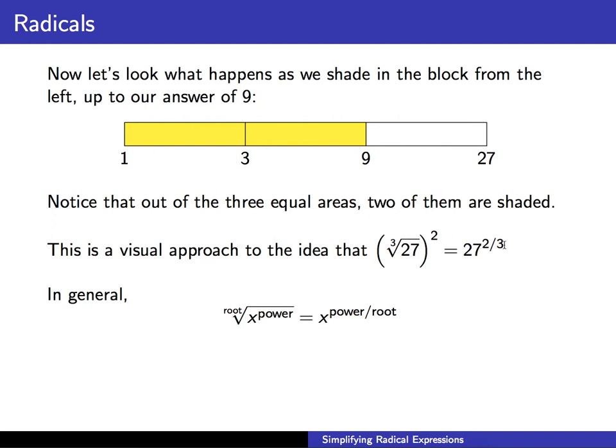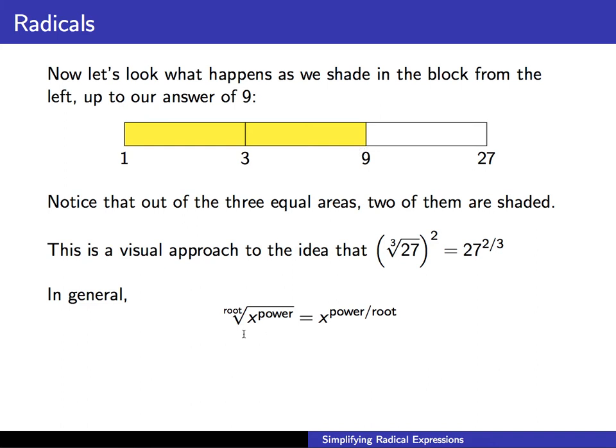The power represents what fraction of the total blocks end up shaded or highlighted. So we have 2 out of the 3 blocks shaded, and 27 to the 2/3 power is what the shading ends up at. In this case, it ends up at 9.